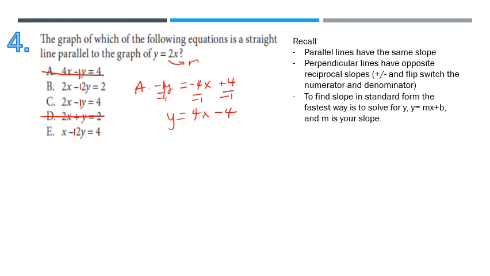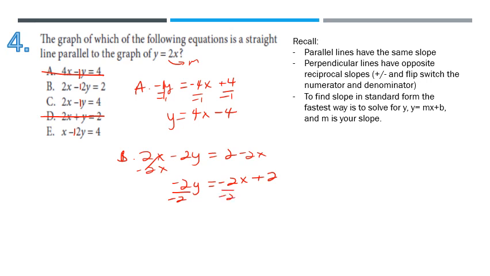So let's test B. So we have B, and that's 2x minus 2y equals 2. So we're going to subtract 2x, and we're left with negative 2y equals negative 2x plus 2. Then we divide by negative 2.